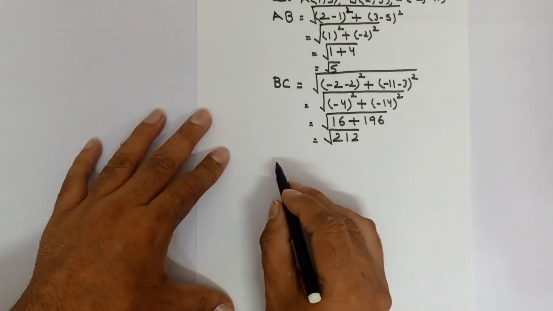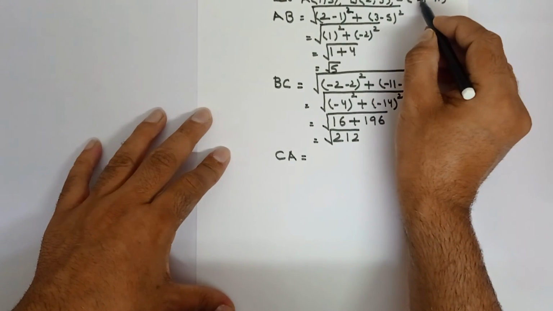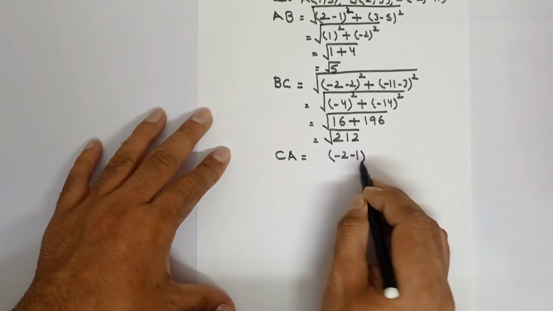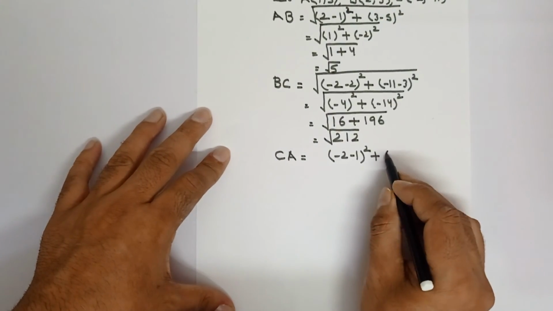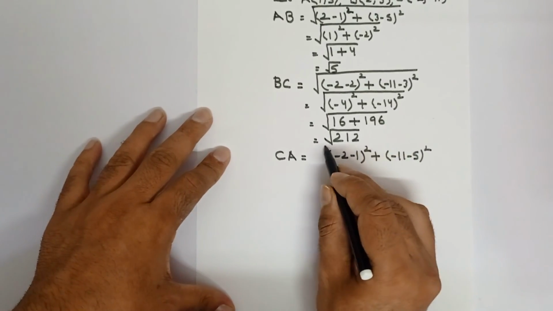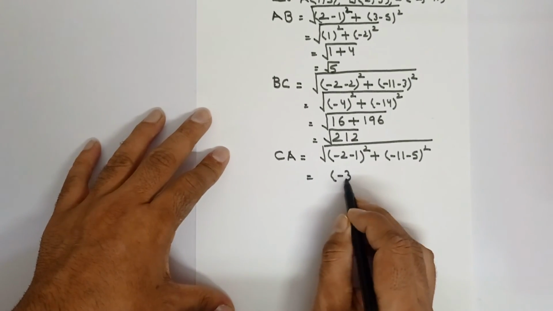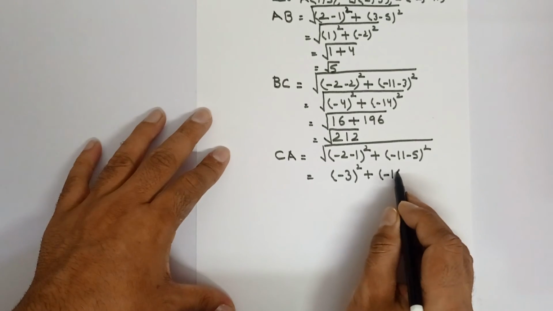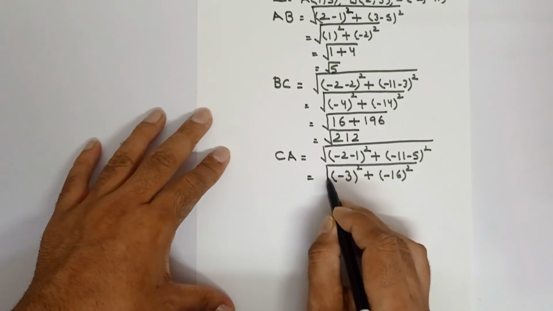Now you will find CA. CA, look, -2 minus 1 whole square plus -11 minus 5 also whole square. So -2 minus 1 is -3 whole square plus -11 minus 5 is -16 whole square and its under root.